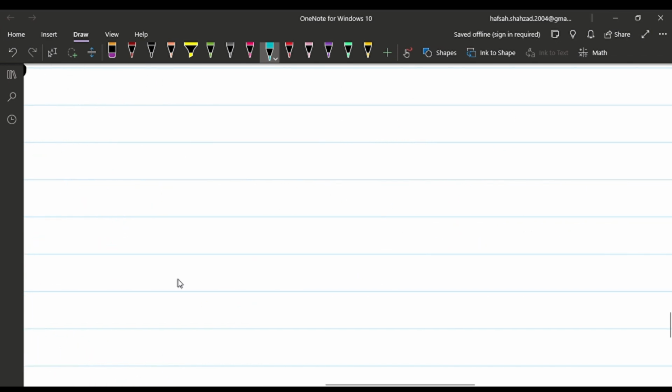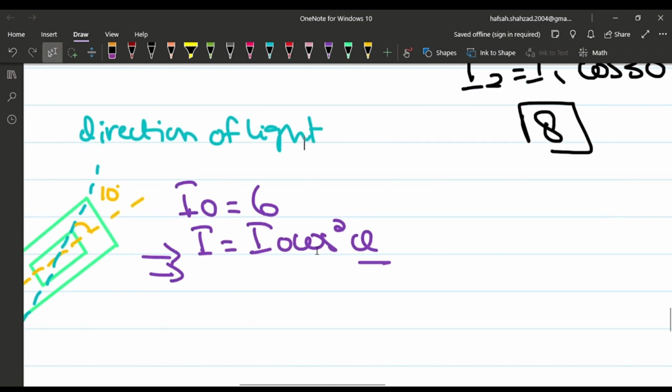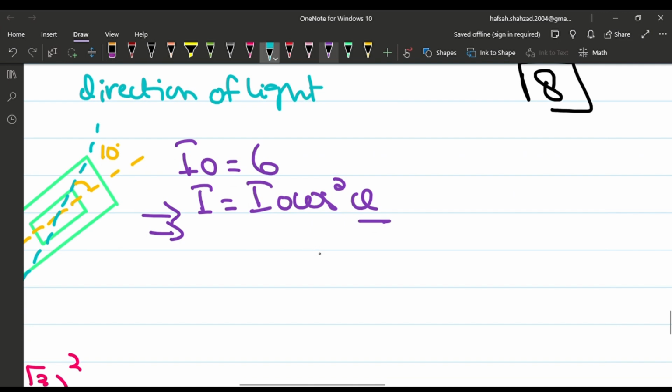So theta in this case would be 10. So I is 6 cos 10 squared. You can just use a calculator for this calculation because I don't know the exact value of cos 10. This is giving me a value of 5.82.